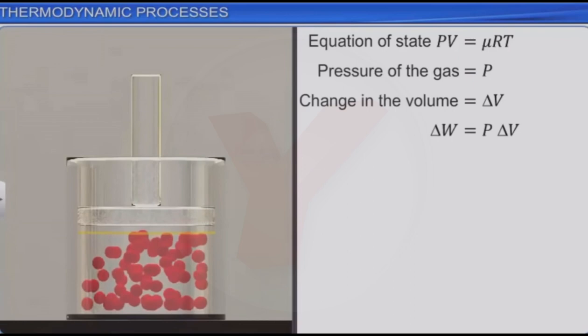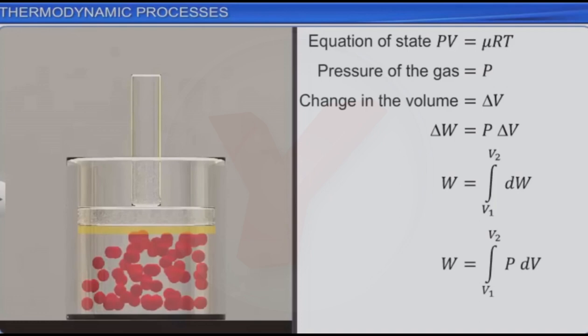Then, the total work done by the gas during the entire process, in which the volume of the gas is changed from V1 to V2, W, is equal to integral V1 to V2 dW, or W is equal to integral V1 to V2 P dV.